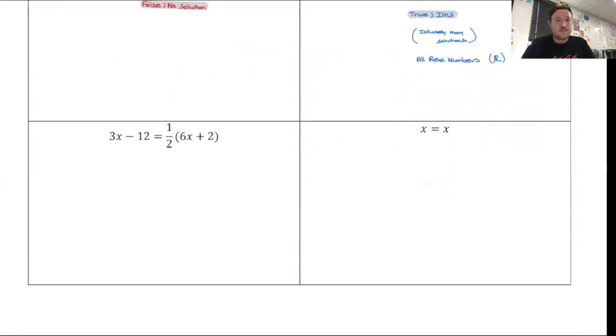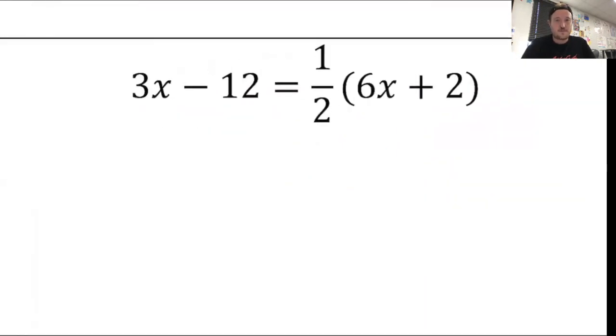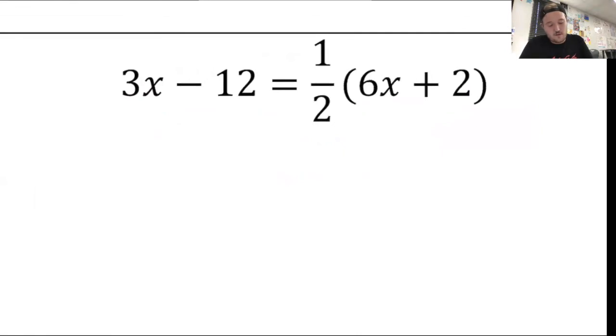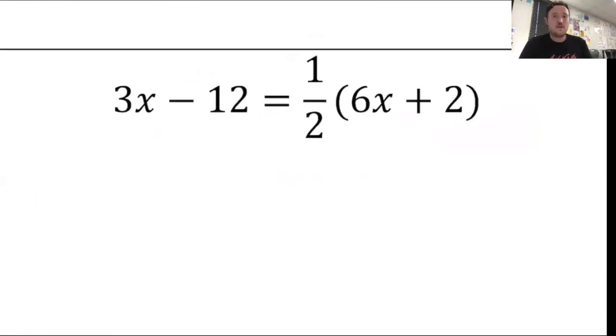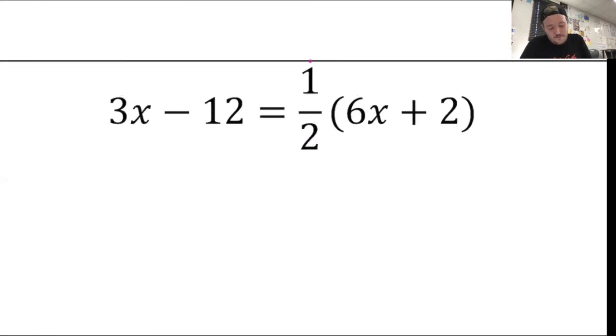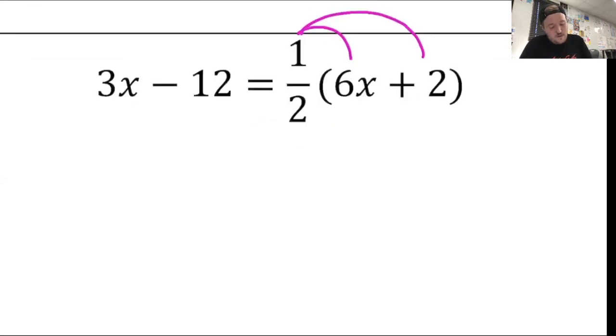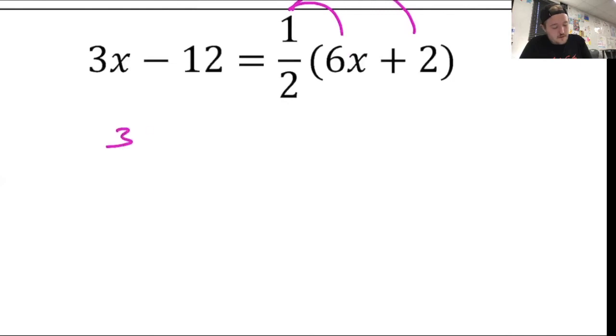Okie dokie. So looking at this third one, it's a little bit more meticulous. All right, so first things first, distribute. So I'm going to leave the left side the same, so 3x minus 12. When you are multiplying by a 1/2, that's the same as dividing by 2.